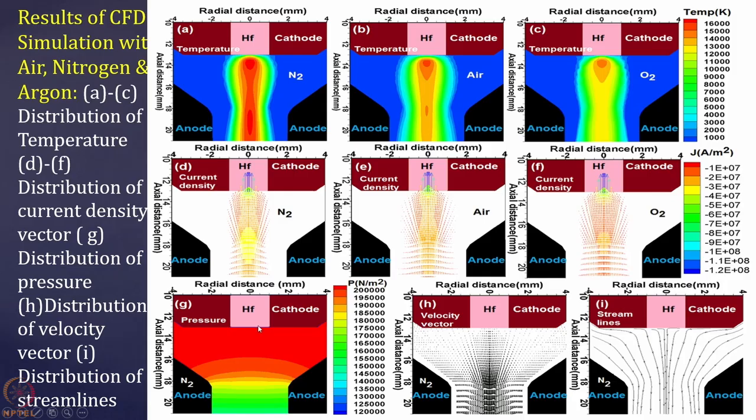Both combined produce a very high pressure zone over here, which is helping our torch to operate in a much better way, and that is also making this region almost a flow-free, stagnant zone.